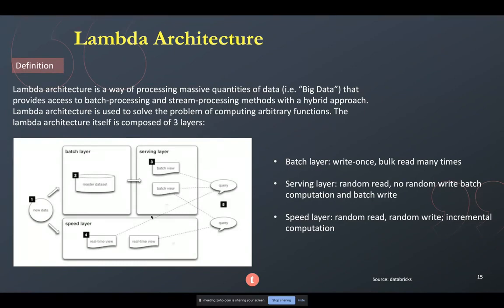For example, I want to create a machine learning algorithm that, as I was saying before, finds the pattern of breaking of some devices, of some machines.